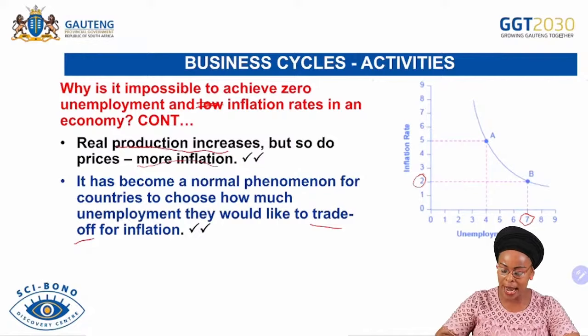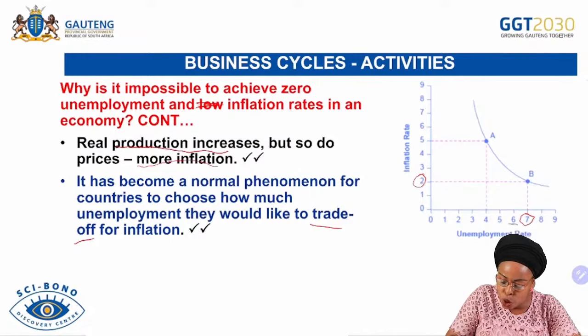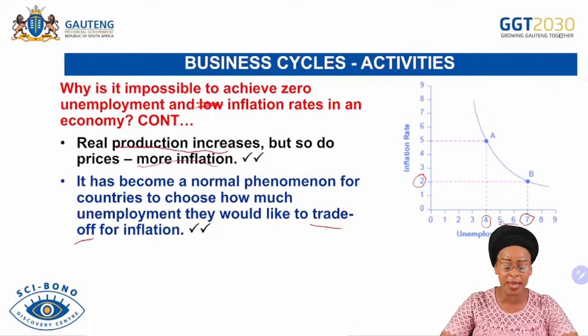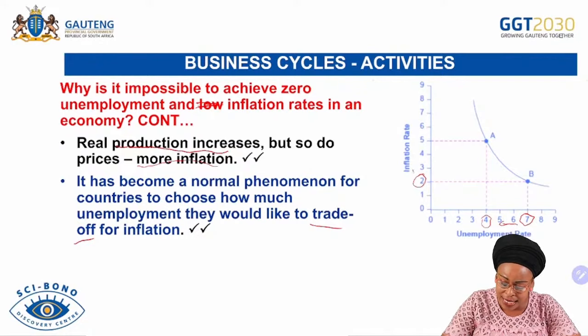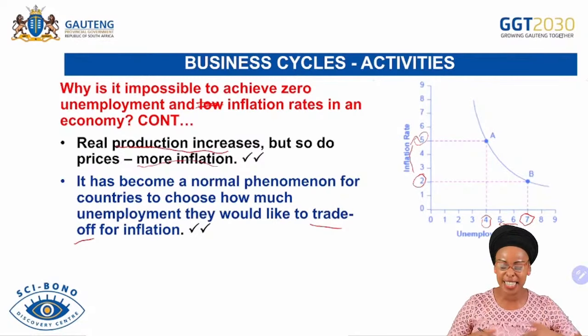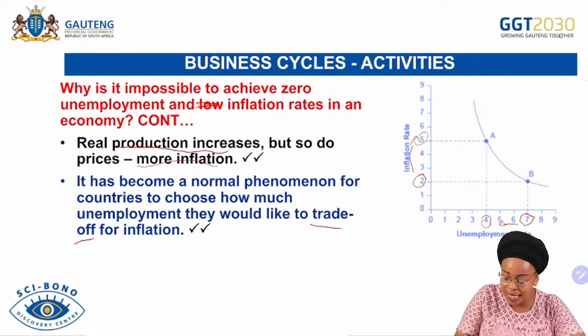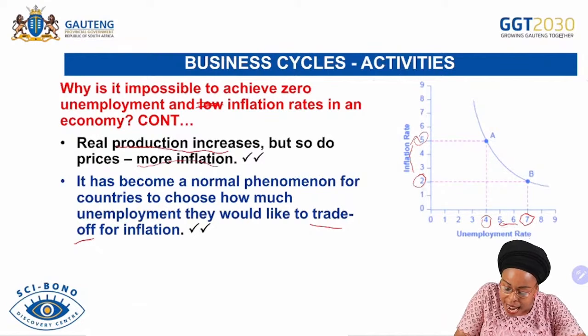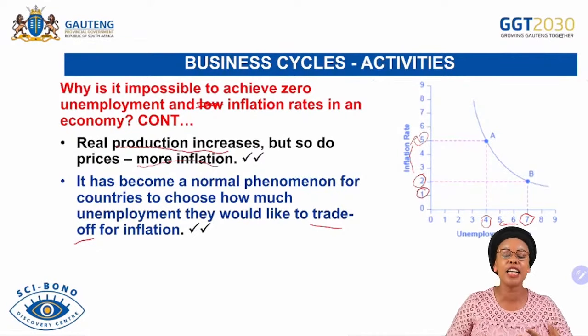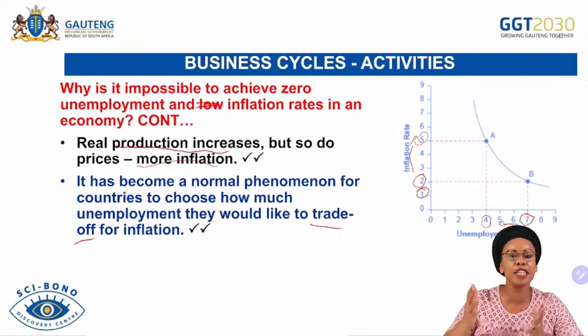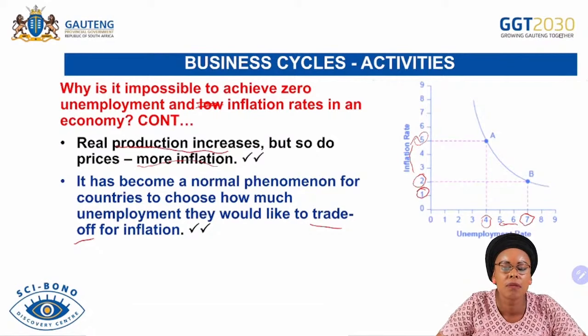So look what happened. If unemployment drops, it becomes 4%. It means many people are working. Look at what inflation does. It increases to 5%. So the government can decide, if the government wants to have an inflation rate of 1%, it means that the government can choose to retrench workers so that inflation is 1%.